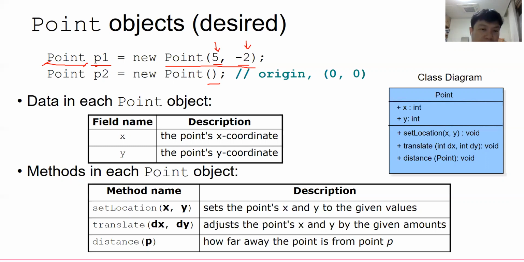But the first time, you know that a class diagram like this contains the point. Point is the class name, x is the x coordinate and y is the y coordinate, and then we have set location, translate, and distance. This is what we already learned before. So remember that these are the data members and these are the methods.